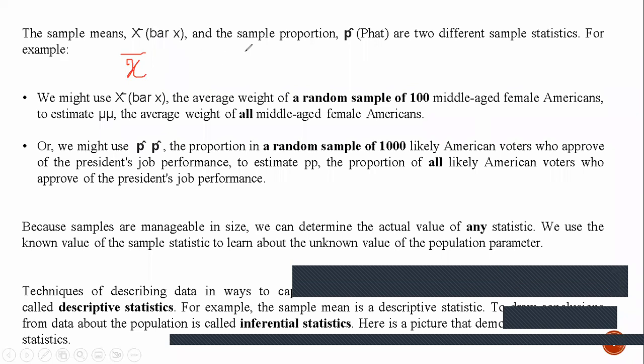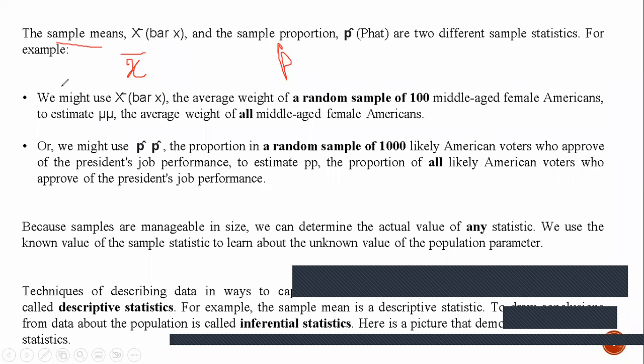And for the sample proportion we have P hat. For the sample mean, we denote it by X bar, and for the sample proportion, that is P hat. These are two different sample statistics.